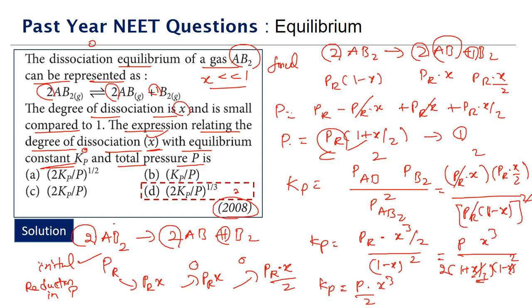The denominator 1 plus X by 2 is almost equal to 1, and similarly 1 minus X the whole square is almost equal to 1. So net we are just having the number 2 in the denominator. So 2 times Kp by P will be equal to X cube, which means the value of X will be the cube root of 2 times Kp by P. So the correct answer is option D.